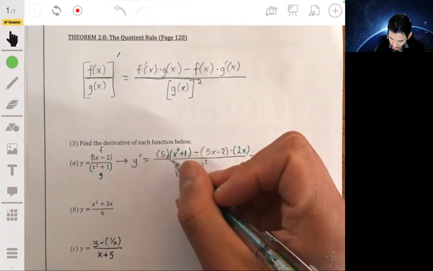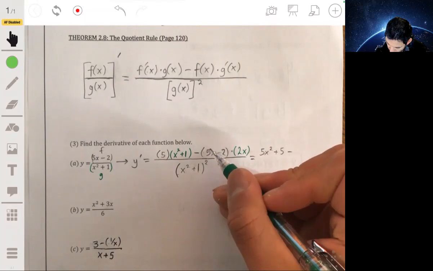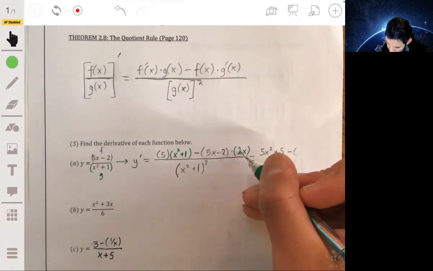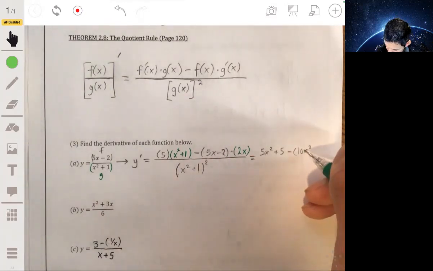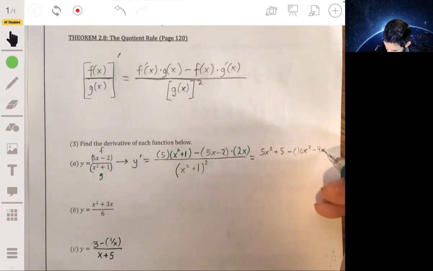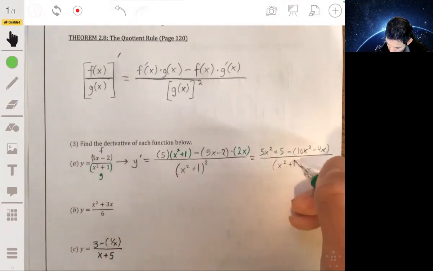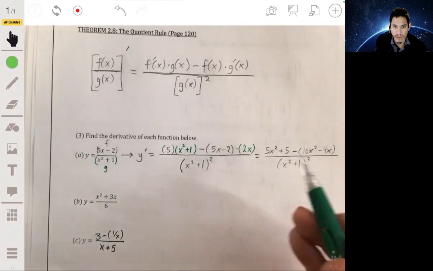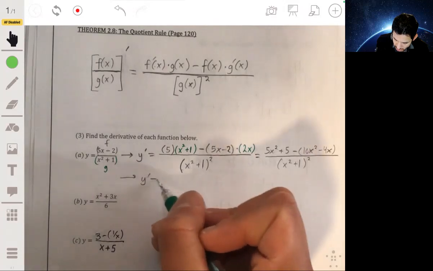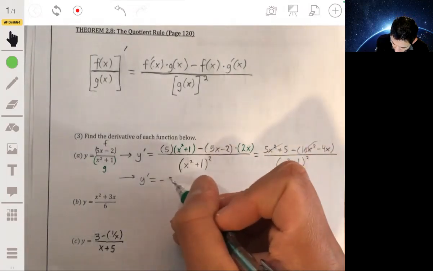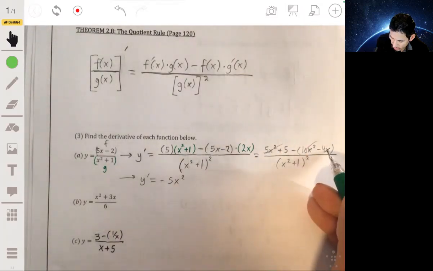So let's distribute. We've got a 5x squared plus 5, minus, distributing the 5x to the 2x, 10x squared, minus 2x times 2 so minus 4x, all over the bottom. Let's just keep it like that. Okay, so we've got a 5x squared minus a 10x squared, so we get a negative 5x squared, plus a 5, minus a negative 4x, so plus a 4x.